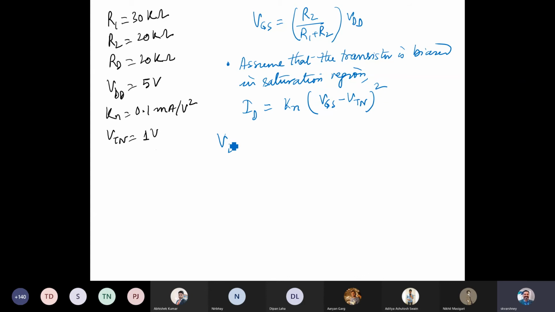The output loop, from the drain to source, gives VDS equals VDD minus ID times RD, and this will give the VDS.